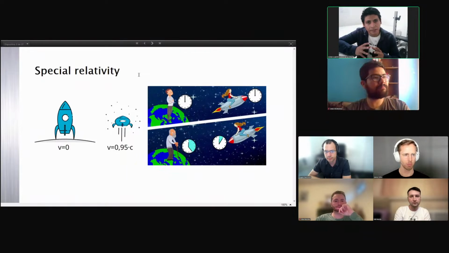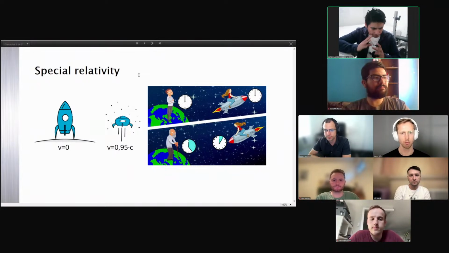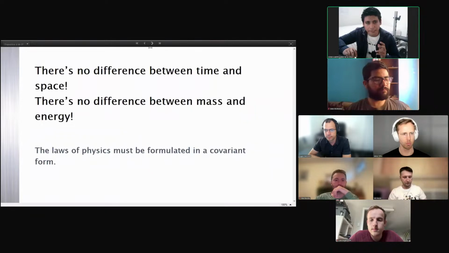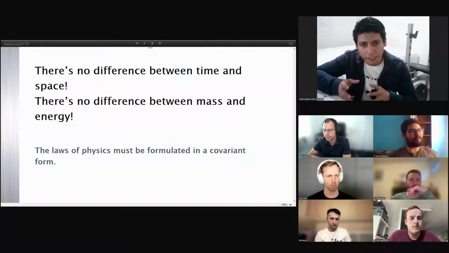And here we have many famous paradoxes, like the twin paradox, etc. And this theory worked very nicely with Maxwell's theory of electromagnetism. This is because in this theory, time and space are the same thing. Also, mass and energy are the same thing.